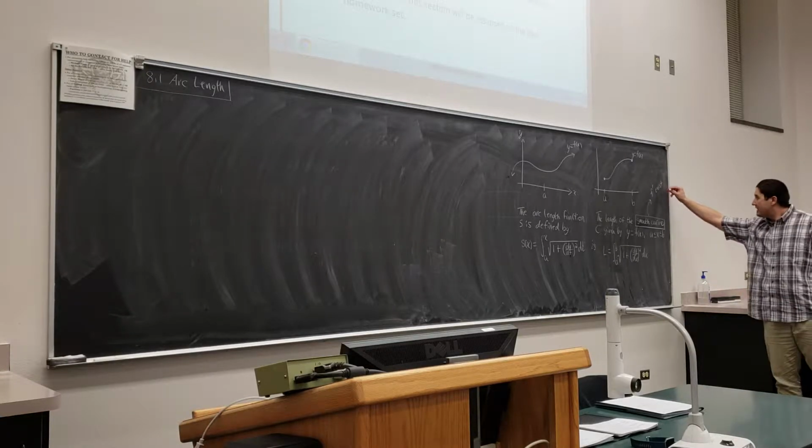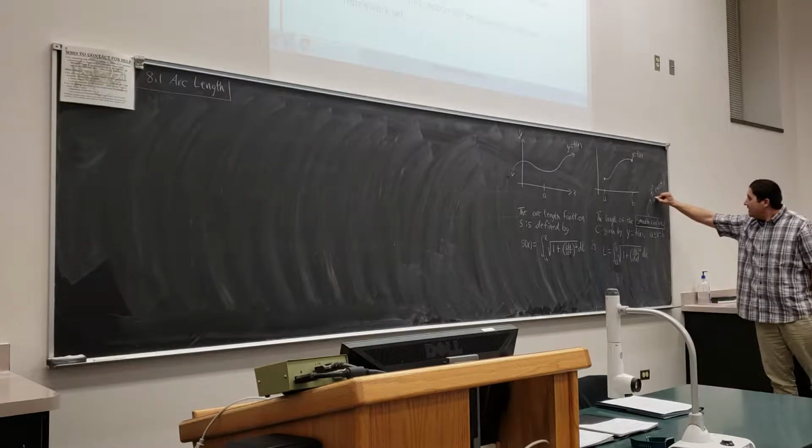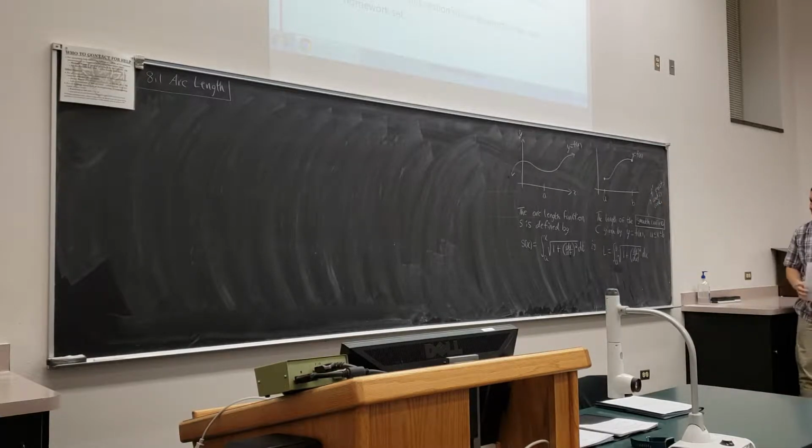So if f prime exists and is continuous, then the length of the curve is found by that process down there. If it's not a smooth curve, you may still find the length of the curve, but you might have to do some other ad hoc method.